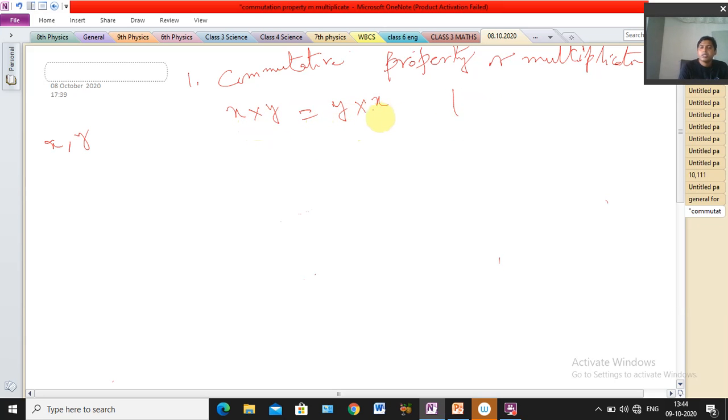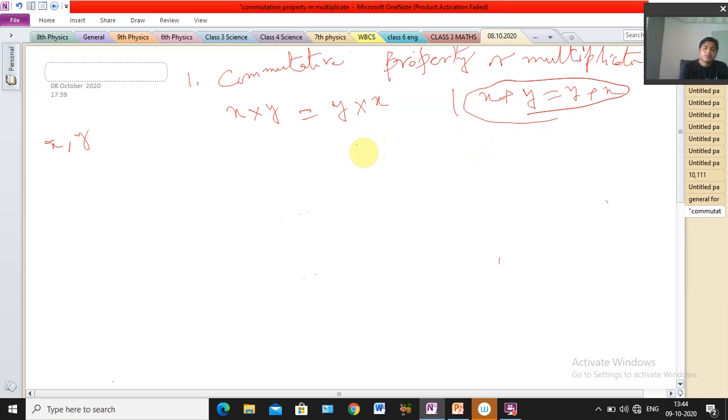Clear? Because for addition it was x plus y equal to y plus x. So x into y equal to y into x. This is the commutative property of multiplication.